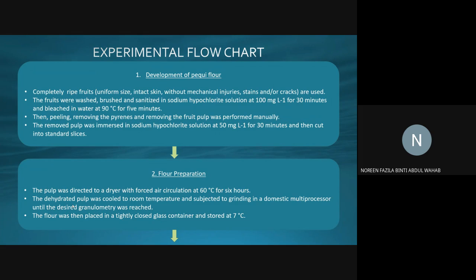Then the dehydrated pulp was cooled to room temperature and subjected to grinding in a domestic multiprocessor until the desired granulometry was reached. The flour was then placed in a tightly closed glass container and stored at 7 degrees C.